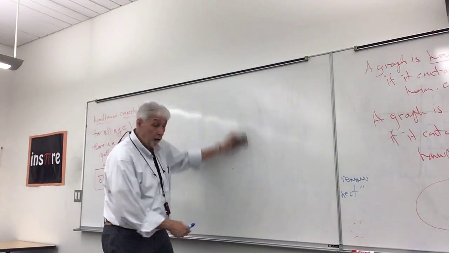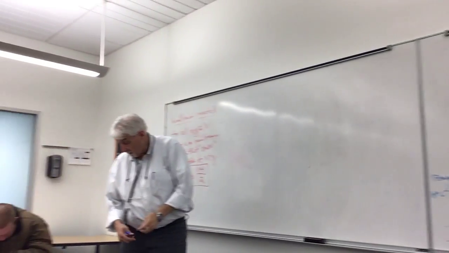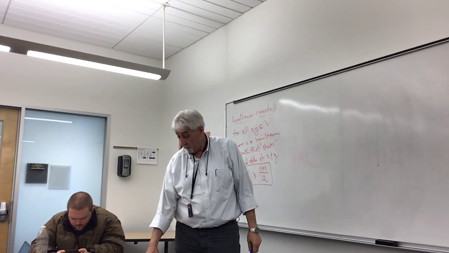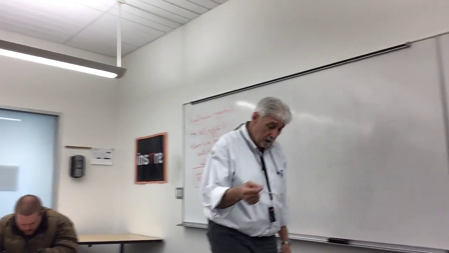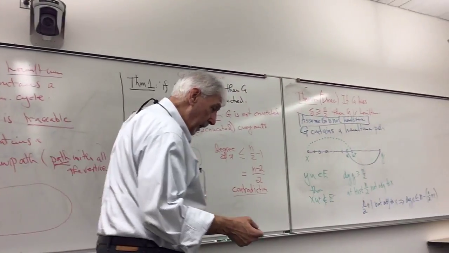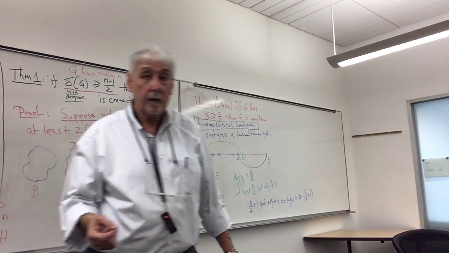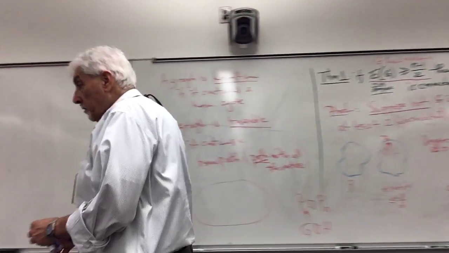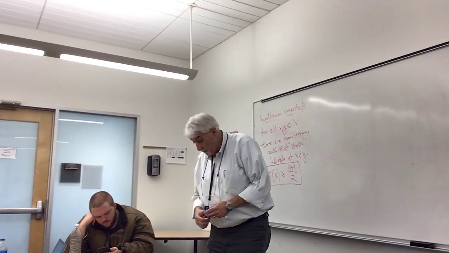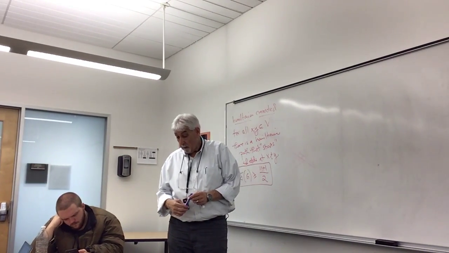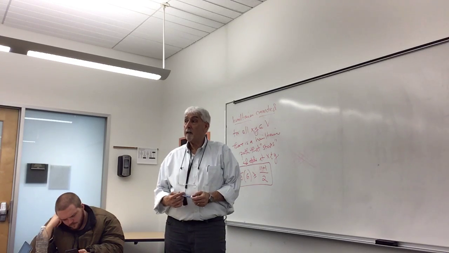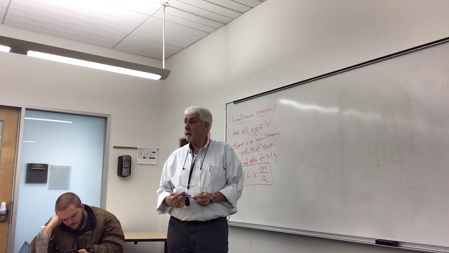I'm not going to draw these. So let's just do 6.2.1. What's the fewest number of vertices that you have to remove to disconnect this graph? Well, can I just remove one?